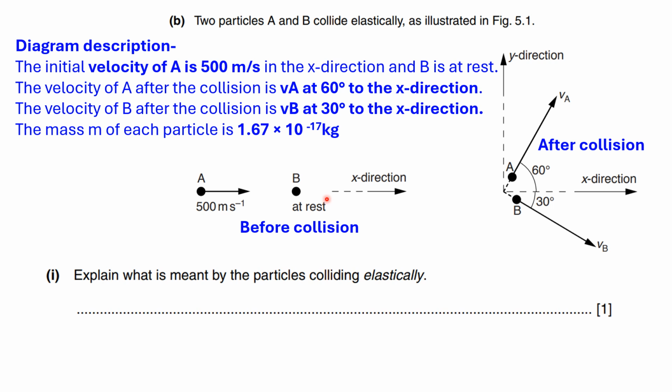The velocity of A after collision is VA at 60 degrees to the x direction. The velocity of B after the collision is VB at 30 degrees to the x direction. The mass m of each particle is 1.67 times 10 to the negative 27 kilograms.